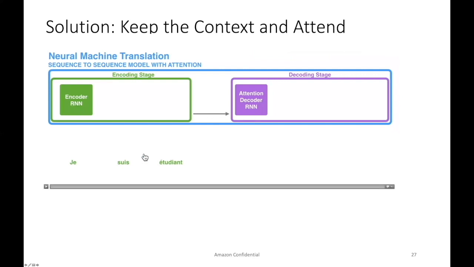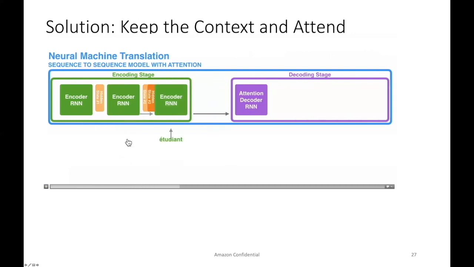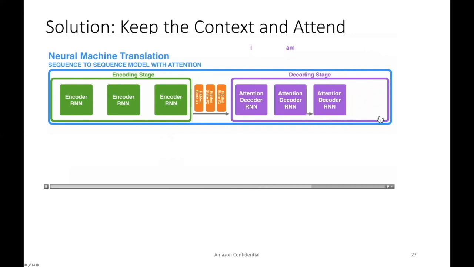Let's look at how attention works. Attention also has an encoder and a decoder, two models that are doing this, but there's a difference here. All the hidden states are kept, and then they're used in the decoding stage. So let's do this again.